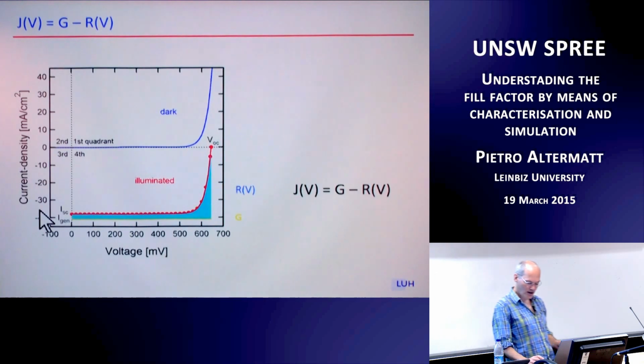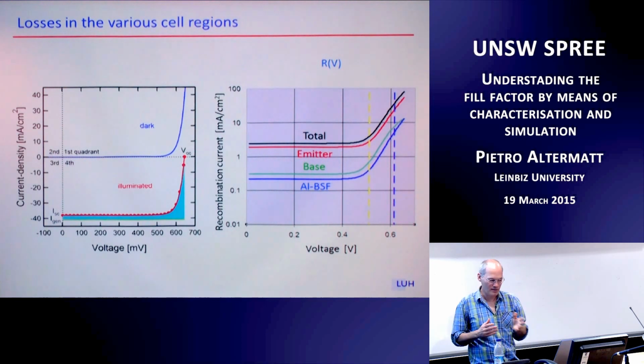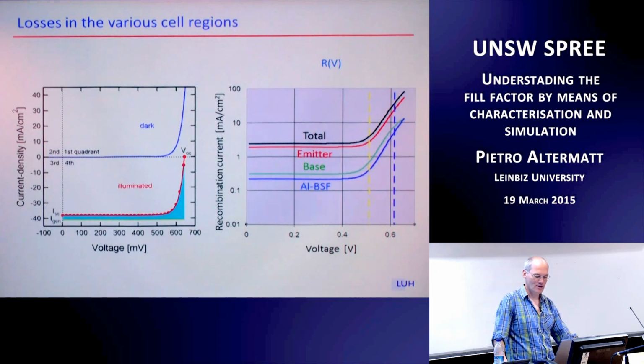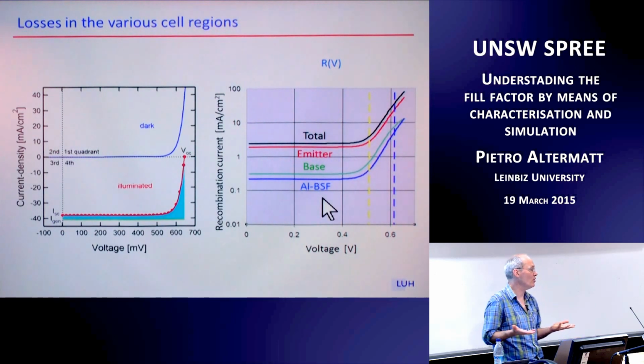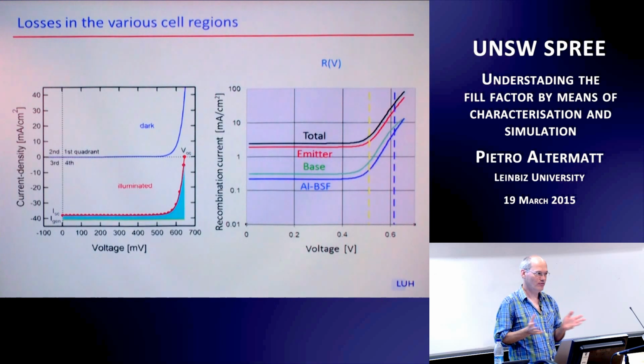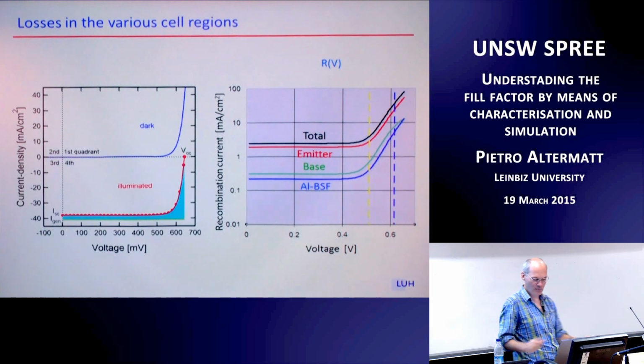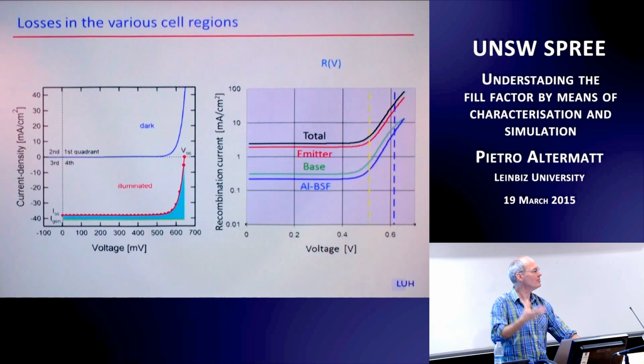This is why I still love to look at solar cells in my simulations by plotting the recombination currents integrated over certain parts of the cell, like the emitter, base, and aluminum back surface. This is what I learned 15 years ago here in this lab. I have tried many other ways to analyze solar cells with simulations, but I always come back to this one because it gives me a direct measure of what I can improve in a cell.